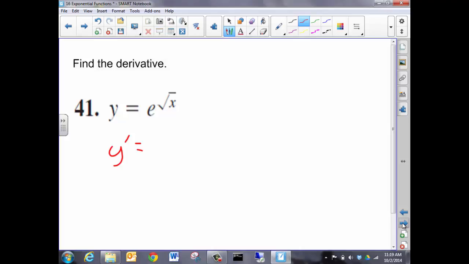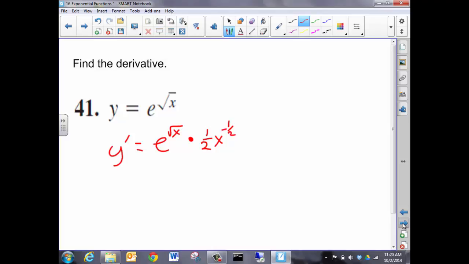Taking the derivative, it's e to some power. Well, the derivative is e to that same power times the derivative of that power. How do I take the derivative of the square root of x? It is exactly 1/2 x to the negative 1/2.